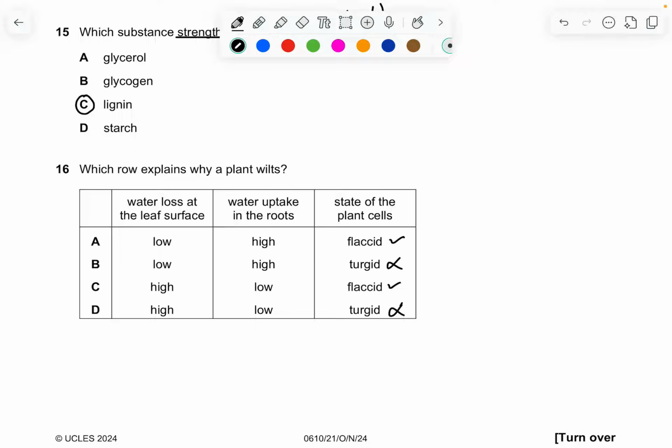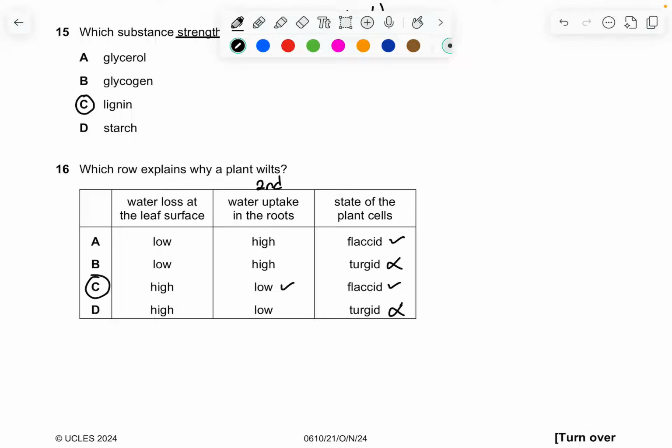Now we have to see whether it's A or C. The second thing we can see is the water uptake from the root. When the plant is wilting, it means that there is less water coming up from the plant. So there is lower uptake of water and higher water loss at the leaf surface, because water moves by diffusion and osmosis. So the answer is D.